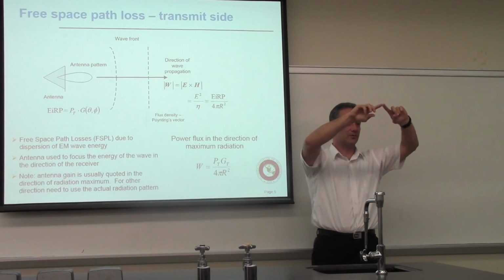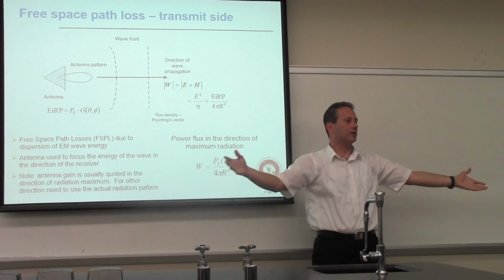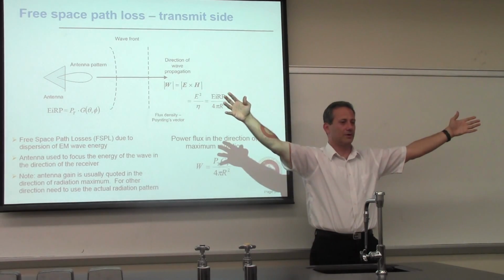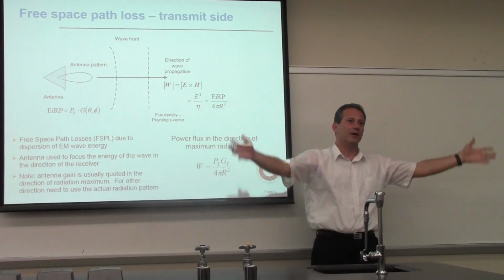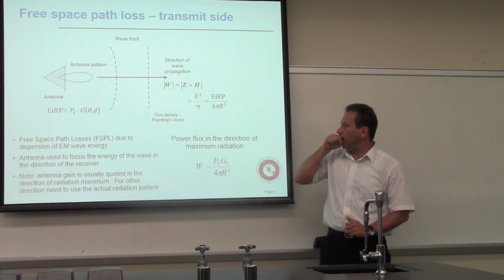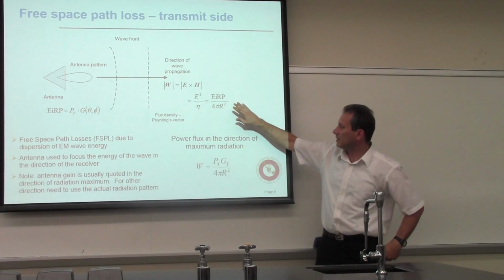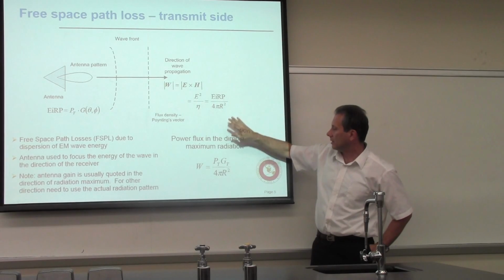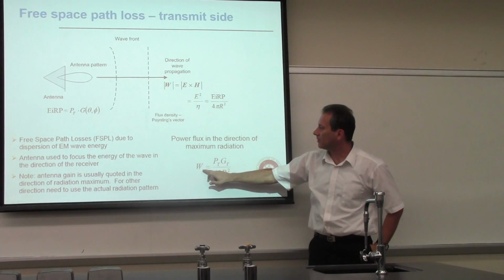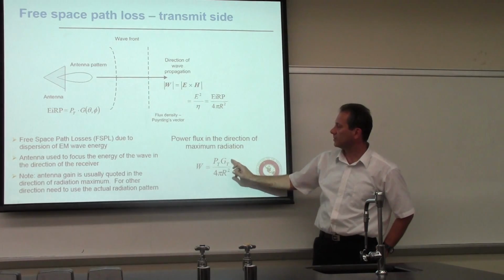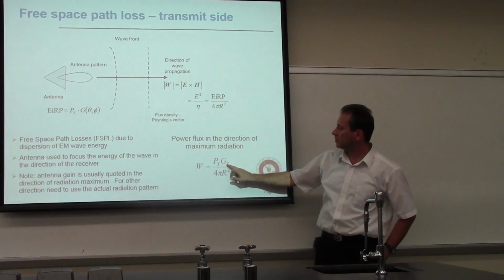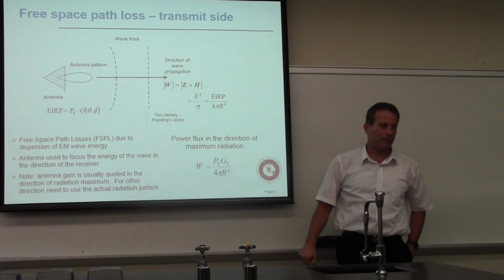Now it should be obvious why physically bigger antennas are better receptors, because they are taking the power from a larger area of space. So this is just a simplification of this equation, which says that the power flux in the direction of maximum radiation is the conducted power times the gain in that particular direction, divided by 4 pi r squared.